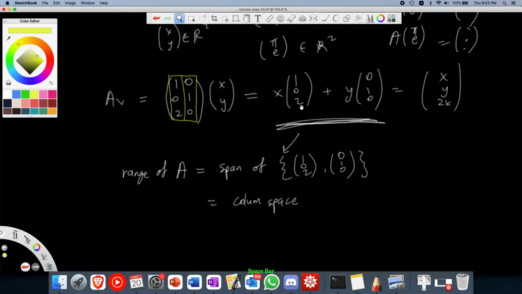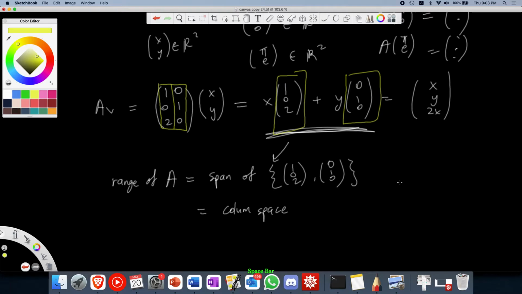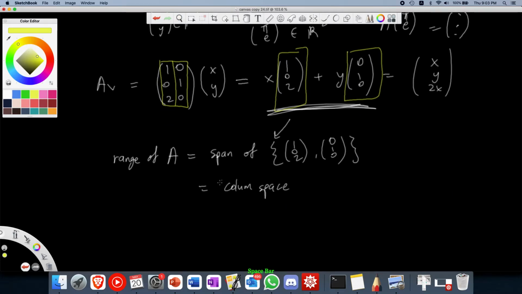So it is a very simple idea that we take any possible vector in R2, x and y, and then we let A act on it. And what is the range of this linear transformation A? It is simply the span of these two vectors. Because why is it a span? Because we allow any arbitrary values x and y, and that is what the span means, any linear combination of these two vectors. And that is what we call the column space.